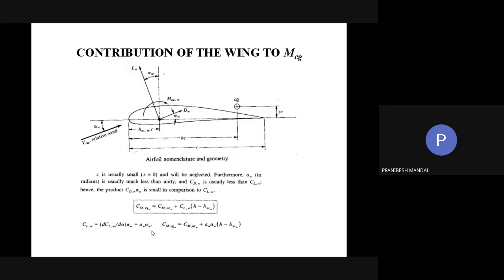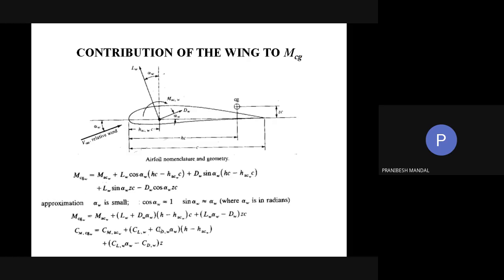And with these two approximations, the equation comes as this in the box. See the equation in the box. Any problem with this?